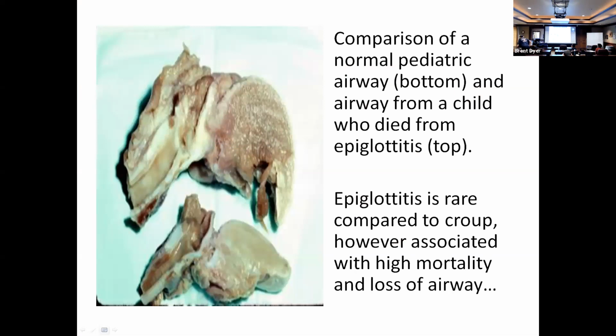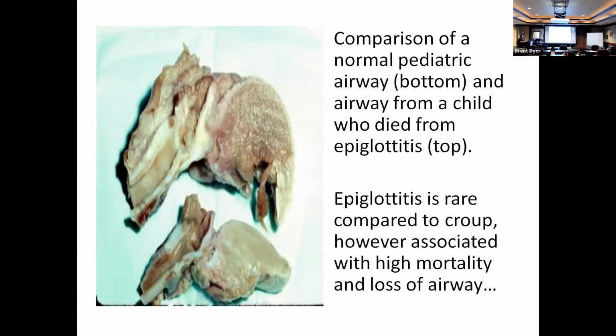These photographs I'm going to share with you show a dissected epiglottis from a deceased pediatric patient. The one on the bottom is normal in comparison to the one shown here, where the child actually died from epiglottitis. You can see the difference in swelling exhibited in these pictures.